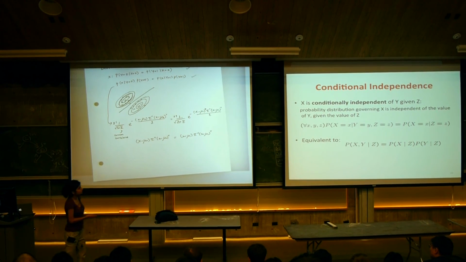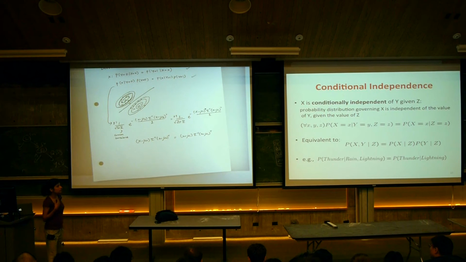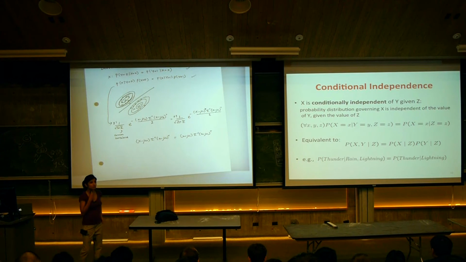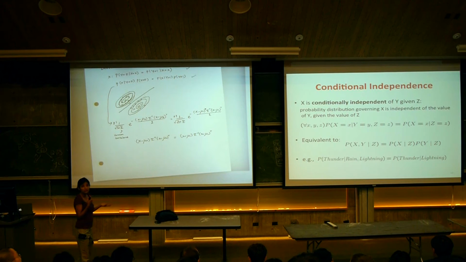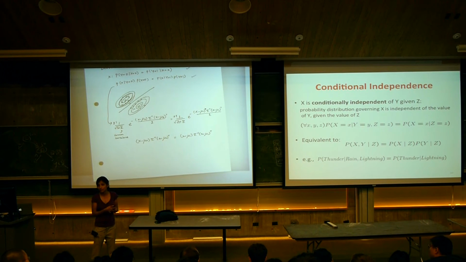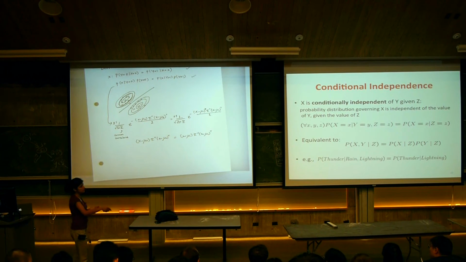or vice versa, right? And here's an example of that. If we ask whether thunder is independent of rain given lightning, well, first of all, you can just think about, are thunder and rain independent? Probably not, right? Thunder and rain usually happen together, so they're probably not independent. But given lightning, are they independent? It makes sense, right?